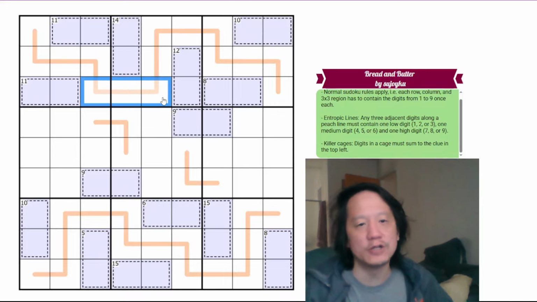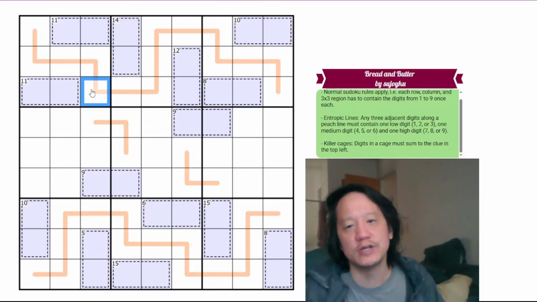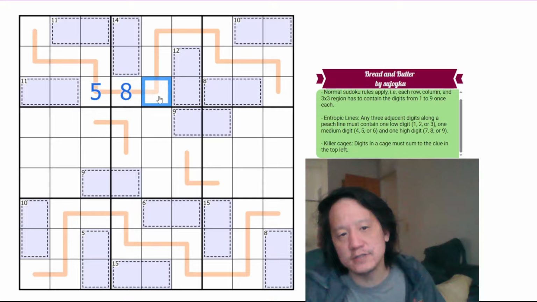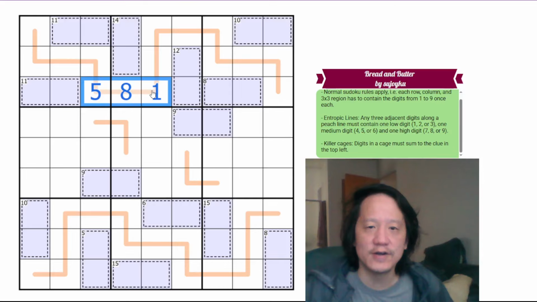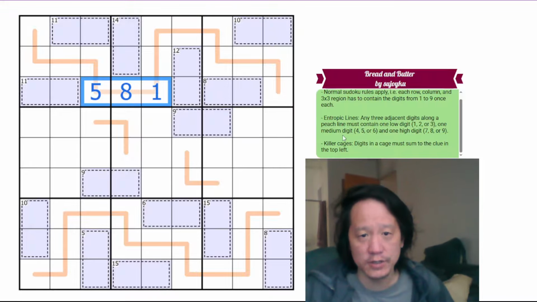As an example, along this entropic line, we could have 5, 8, and 1 here. This would be valid because these 3 adjacent digits contain one low digit, 1, one medium digit, 5, and one high digit, 8. So that's an example of how entropic lines work.